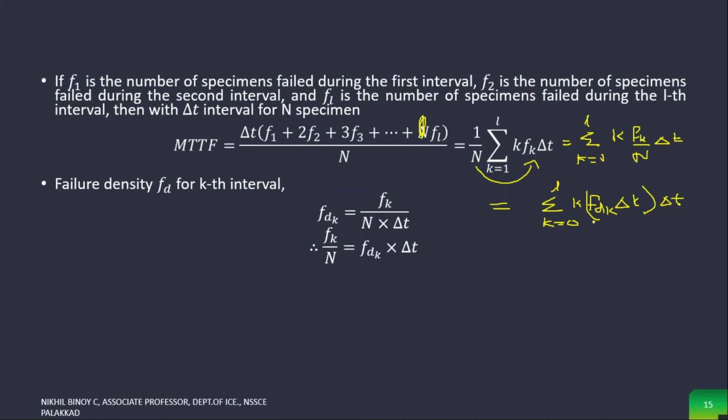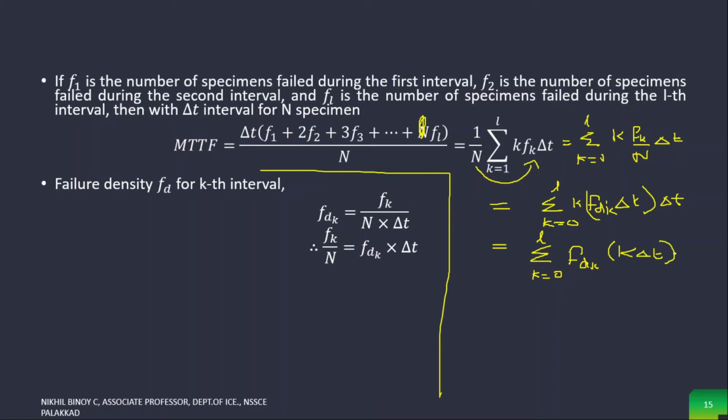Now, instead of this bracket, we can combine k and delta t. So we can write MTTF as sigma k equal to 0 to L, taking fdk outside, fdk, and then k into delta t, into delta t.